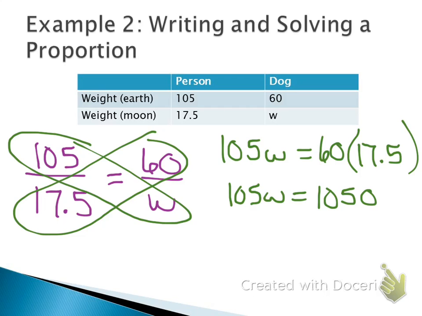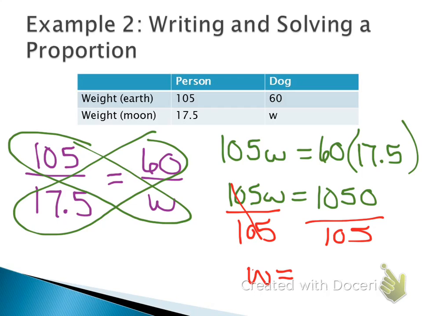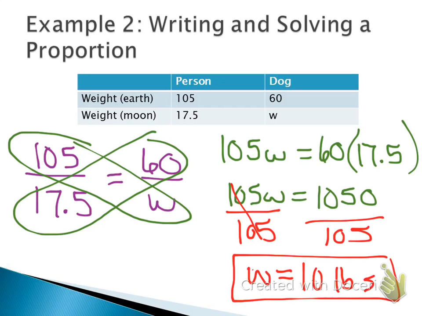And now what do I do to solve for W? Divide by 105. Very good. I need to divide both sides by 105. That cancels. And W equals what? 10 pounds. So what am I saying? I'm saying that if a dog weighs 60 pounds on Earth, it's going to weigh 10 pounds on the moon.